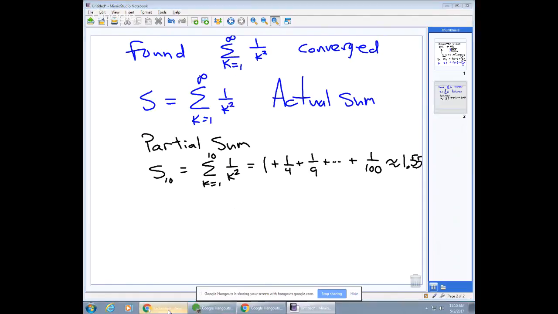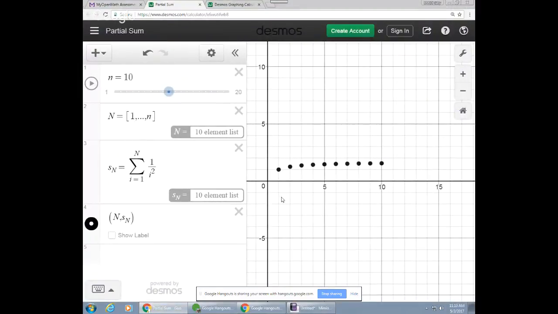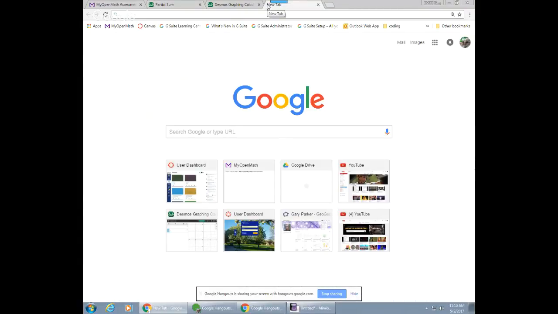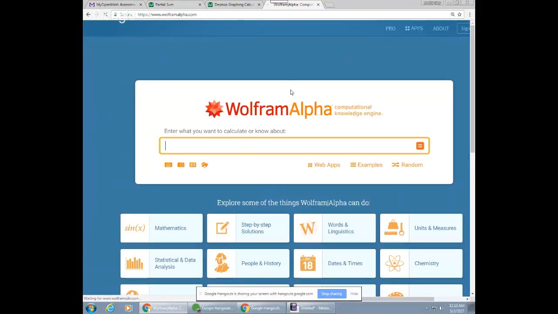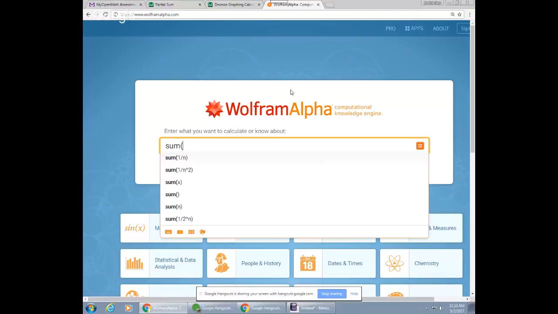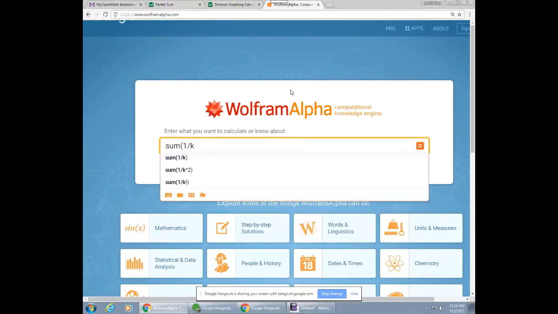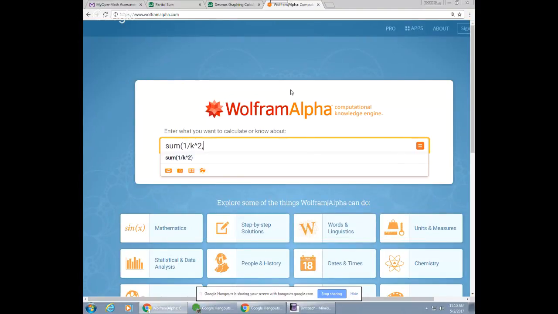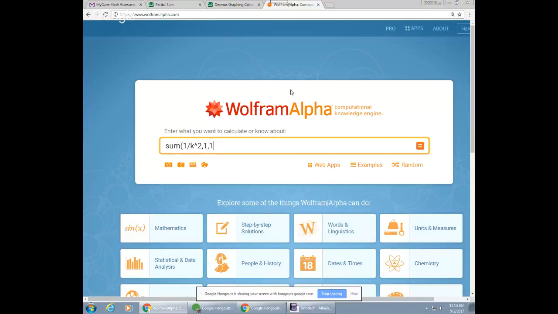There are lots of other programs we can use to do this. I like doing it in Desmos because I can picture the points moving along, but oftentimes I might just type into some other calculator like Wolfram Alpha and tell Wolfram I want the sum of 1 over k raised to the second. I'm hoping it'll recognize k as my variable, and then I can say let k go from 1 to 10. Sometimes you need to tell it what the variable is, like maybe say k.